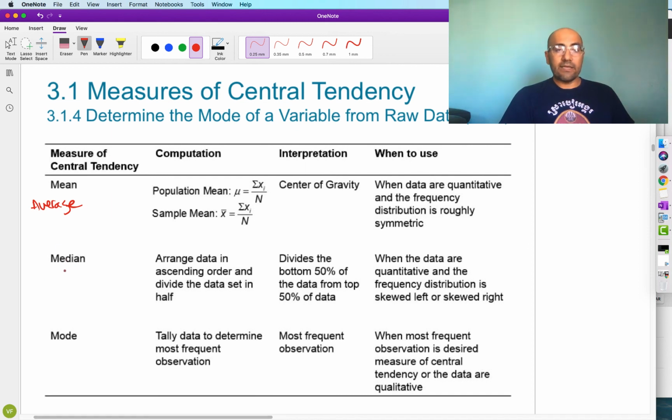Think of middle, median, middle, the middle of the data. Put them in order, find the one right in the middle. And then the mode is the one that's most frequently observed, right? The one that happens most often, the one that happens mode often. So that we can get some sense of what the middle of the data is that way.